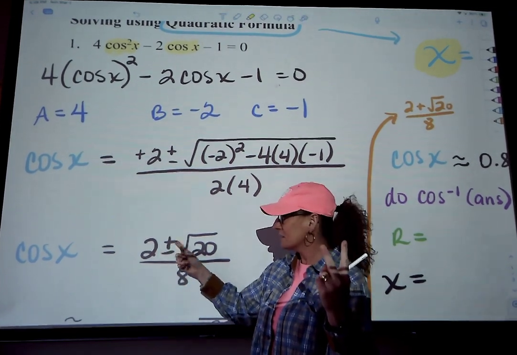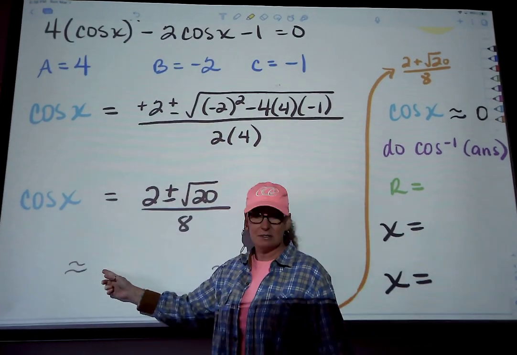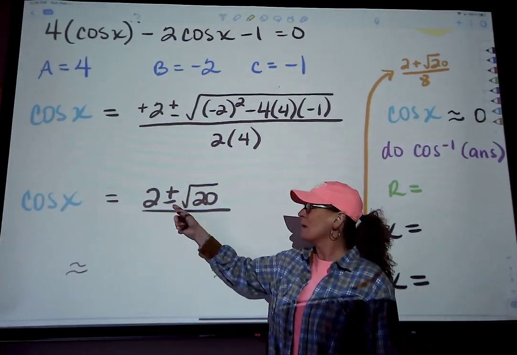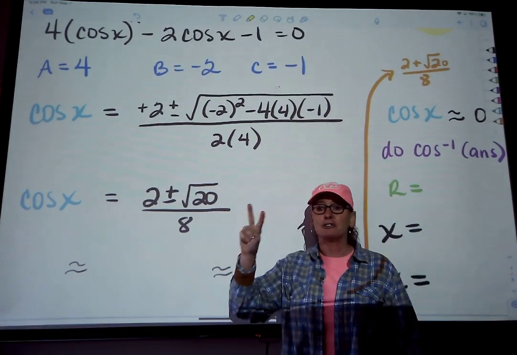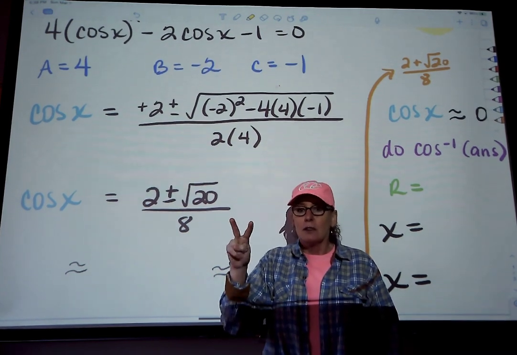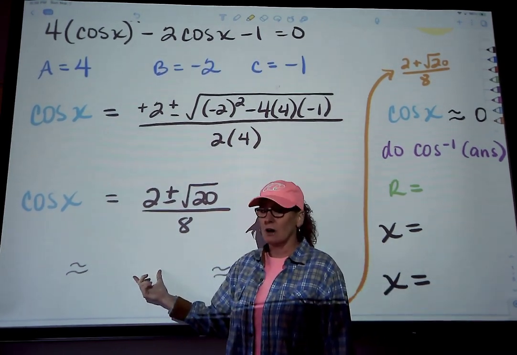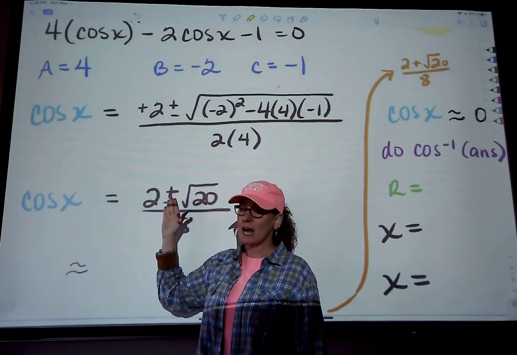I do 2 plus radical 20, and then I divide by 8. And I get some yucky decimal. And I do 2 minus radical 20 divided by 8, and I get some yucky decimal, right? I get 2 yucky decimals. What are those yucky decimals? Those yucky decimals are my cosine fractions.